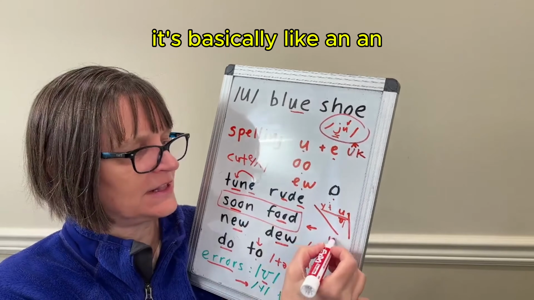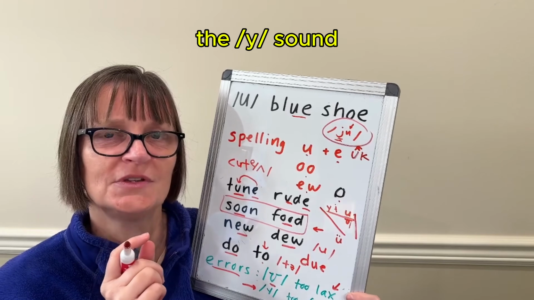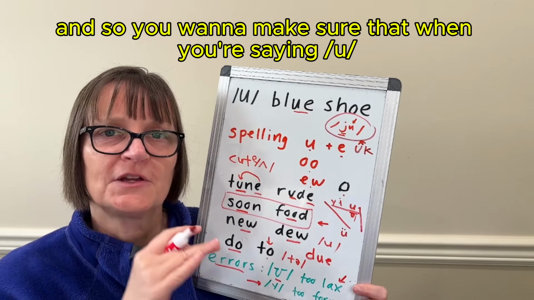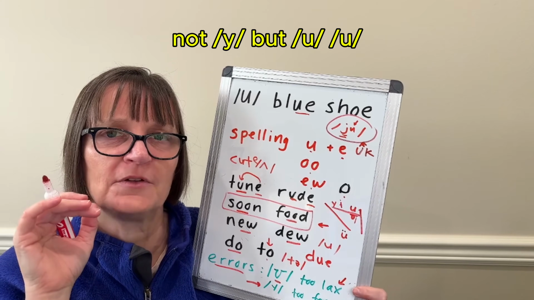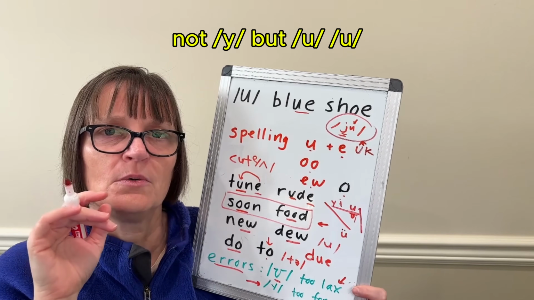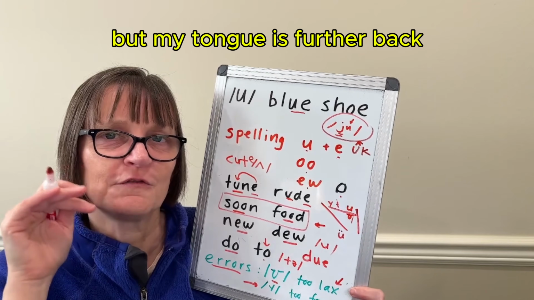Ü. It's basically like a U umlaut in German, the ü sound. And so you want to make sure that when you're saying ooh, there's space in the back of the mouth as well. Not ü, but ooh. So I do have that lip rounding, but my tongue is further back.